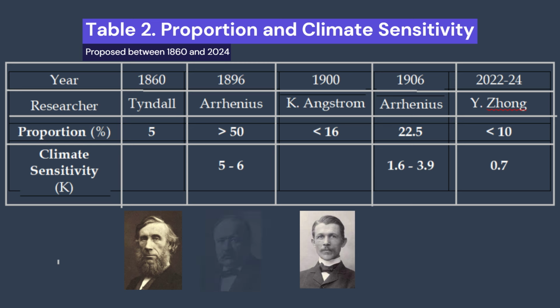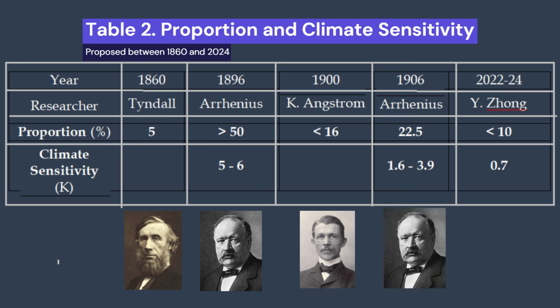In 1896, Arrhenius guessed this proportion should be over 50% and obtained his climate sensitivity between 5 and 6 Kelvin. But in 1906, he was obliged to reduce his early assumption down to 22.5%. As a result, his climate sensitivity was reduced down to 1.6 Kelvin to 3.9 Kelvin.